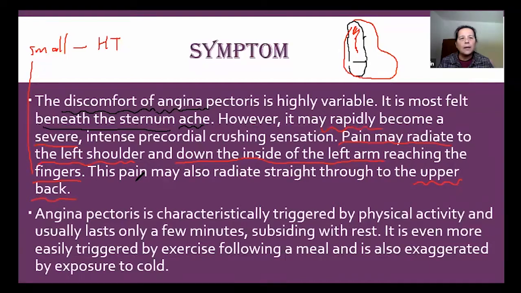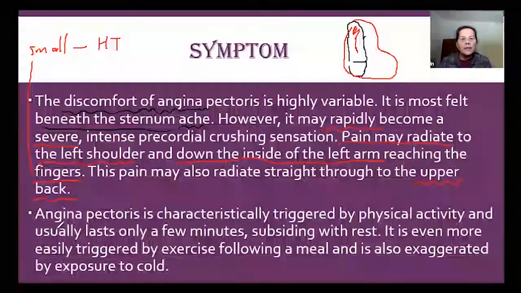So that's what we call coronary artery disease. It causes partial blocking of the coronary artery, or maybe total blocking. The symptoms relate to how severe the blocking is, so we have different patterns.